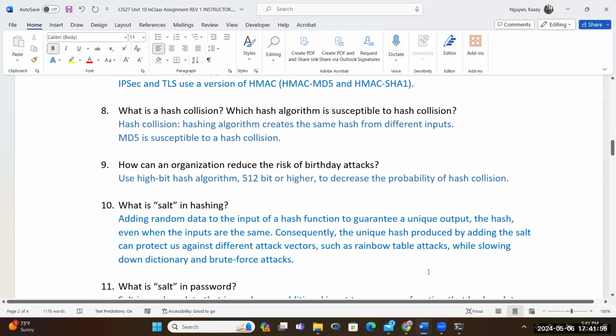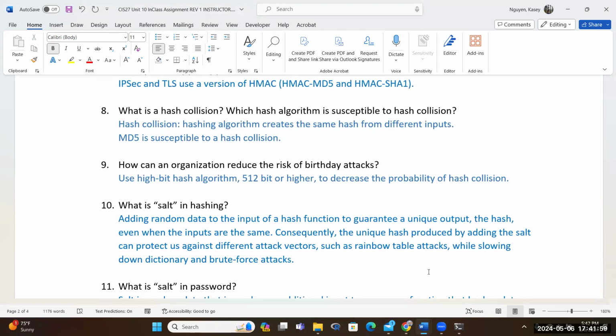So for question 9, it says, how can an organization reduce the risk of the birthday attack? Just use a higher bit size hash algorithm. And we mentioned that at least anything above 128 bit, such as 512 or higher, will decrease the probability of hash collision.